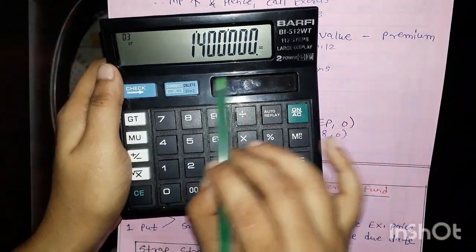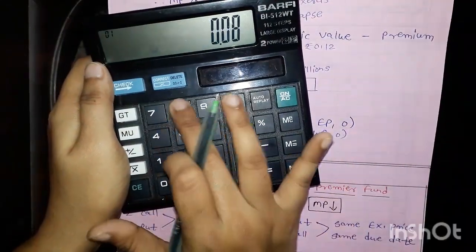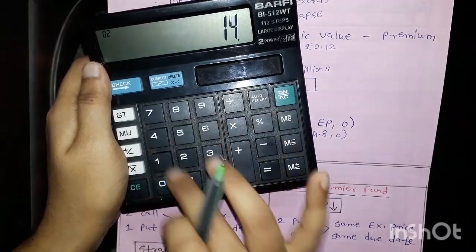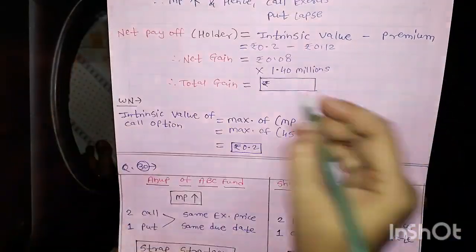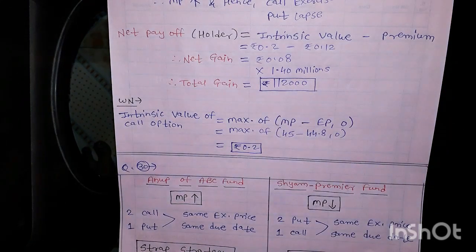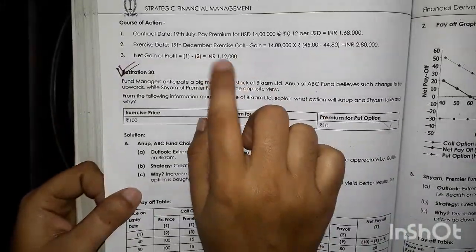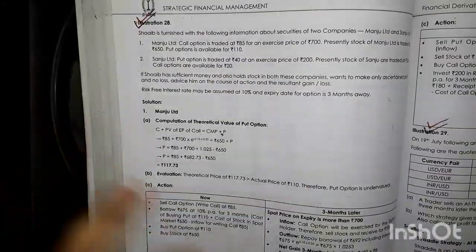So the total is 14 lakhs. So 0.08 multiplied by 14 lakh, I am getting here 1,12,000. Okay, 1,12,000. So we will check the answer first of all.